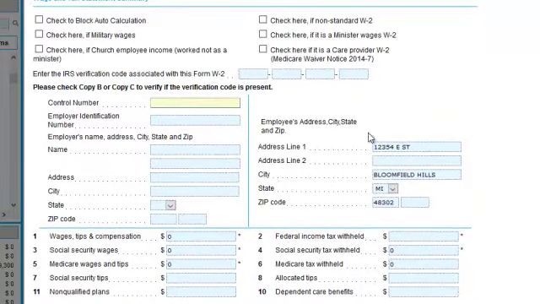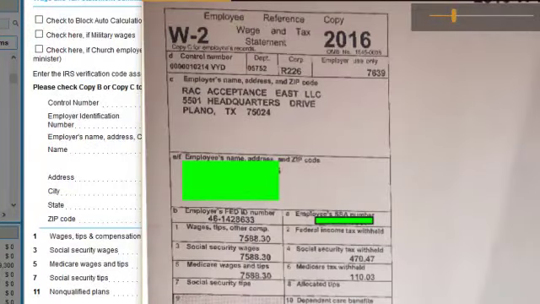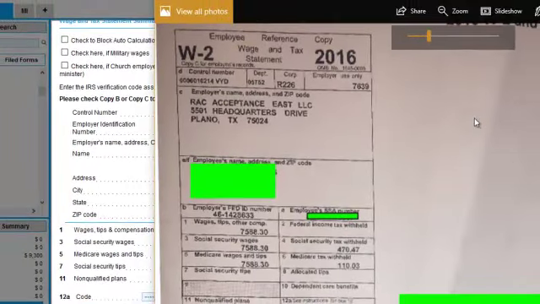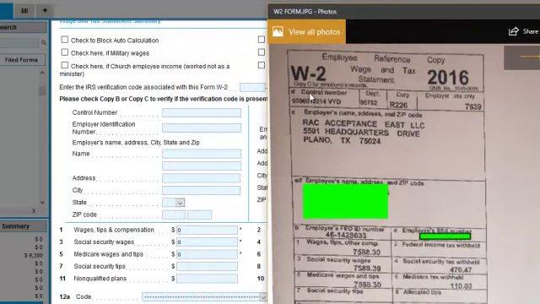The control number sometimes may be on a W-2, and we're going to pause so we can show you one. Now we will pull up a copy of a W-2. This is a past client from the past year. You can see the control number.